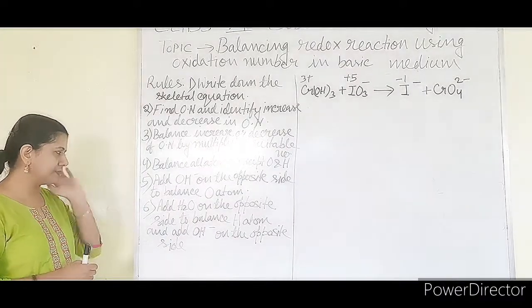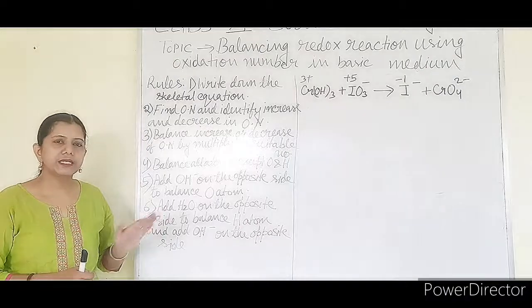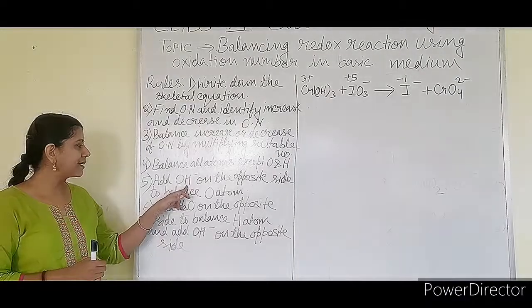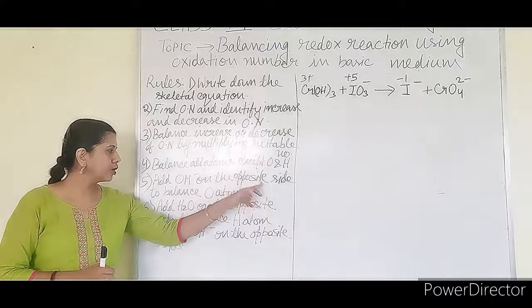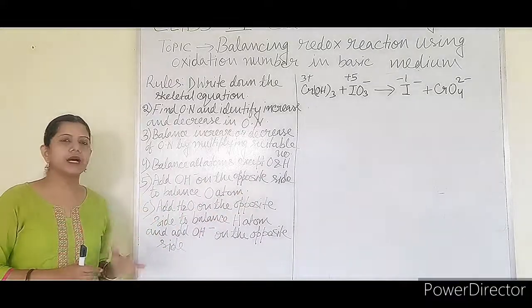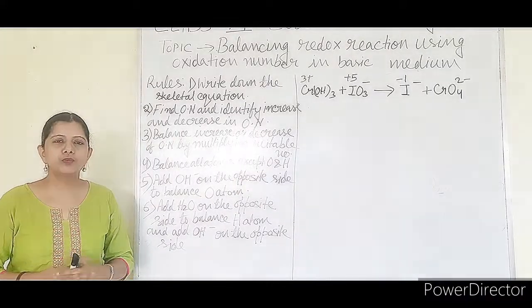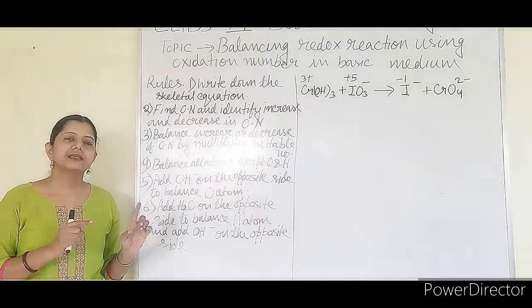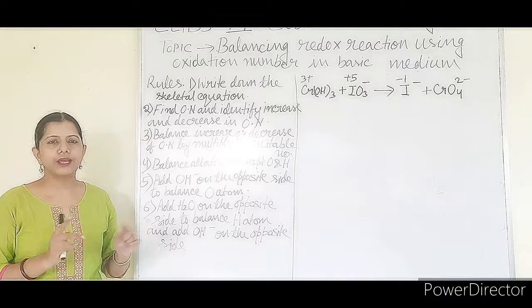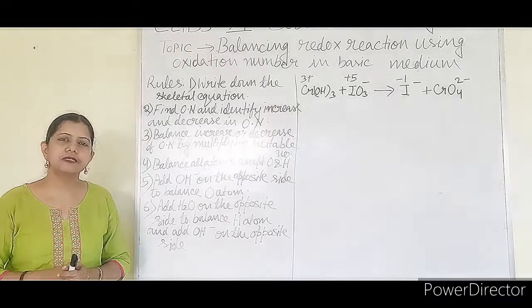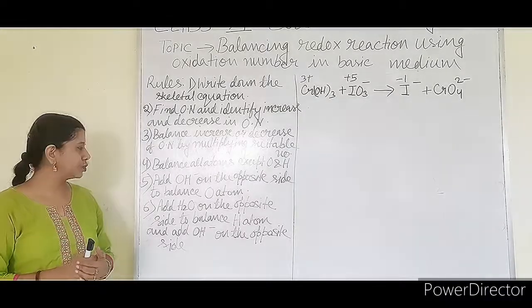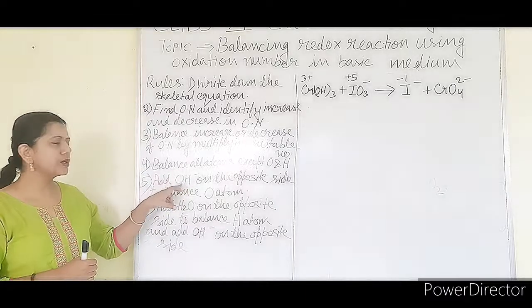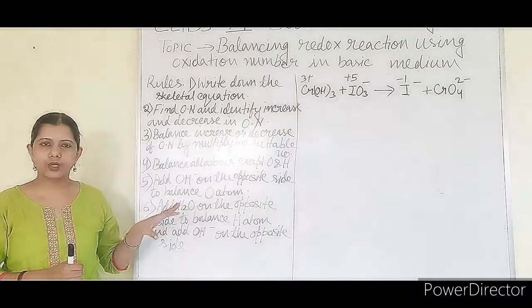Now number 5. Here, as it is basic medium, you have to add OH negative ion on the opposite side to balance oxygen atoms. Opposite side means where oxygen is more, that side you will not add. Where oxygen is less, that is the deficient side, there I have to add that many OH negative ions.